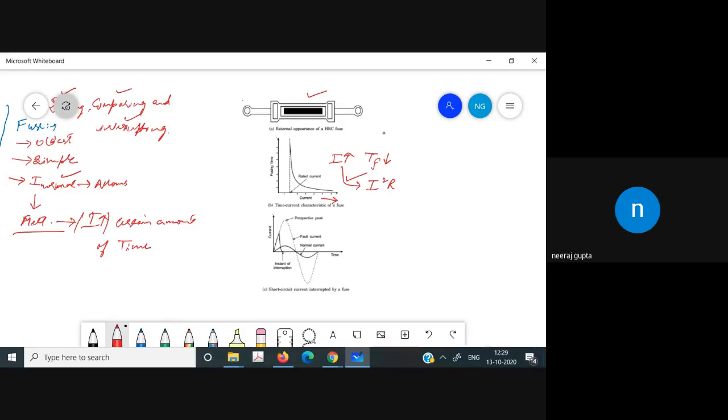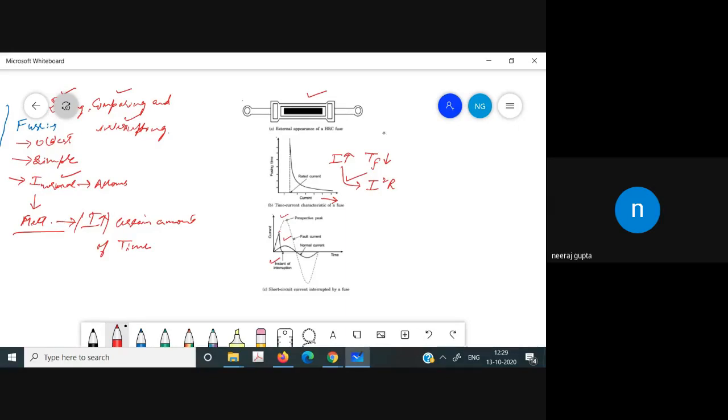At this particular point it will interrupt, this is the instant of interruption, and this is the prospective peak if it is not interrupted. This current is very much larger as compared to this and may damage the equipment.